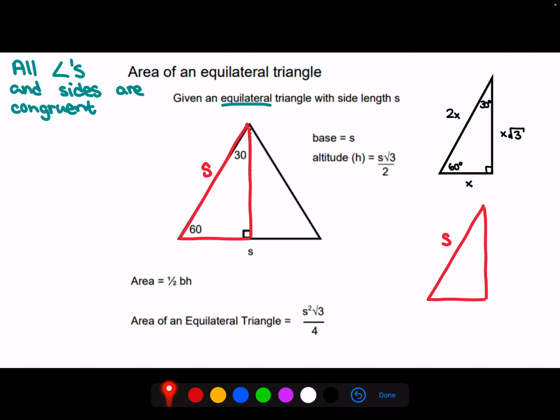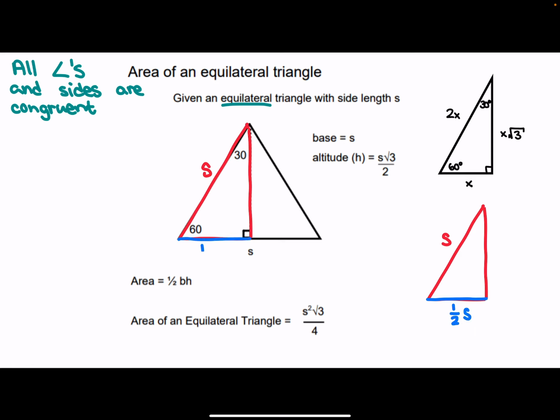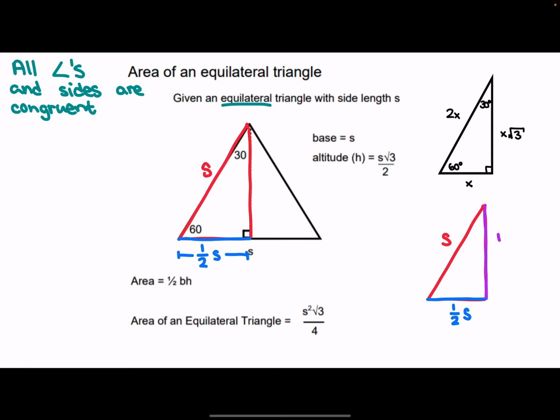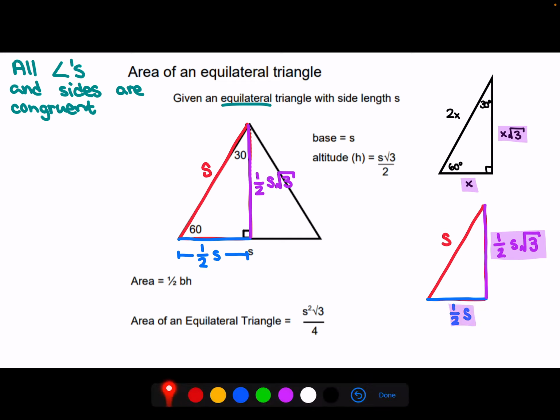And if that's the case, that means that x down here, this bottom portion, is just half of s. So if x is equal to half of s, then the height, x rad 3, should be 1/2 s radical 3. That would be the height or the altitude of our triangle.